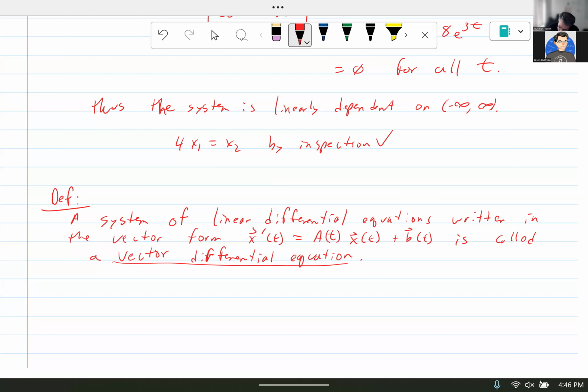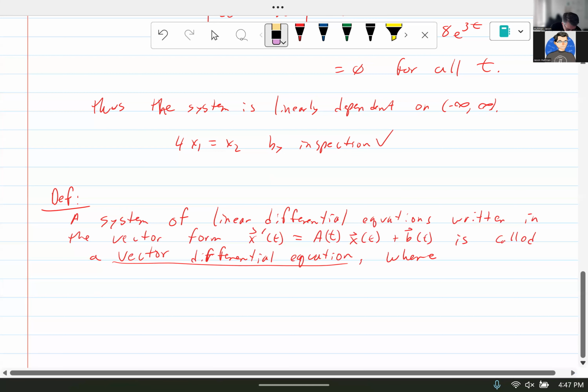Okay, where x prime of t is equal to x1 prime of t, x2 prime of t, all the way to xn prime of t.